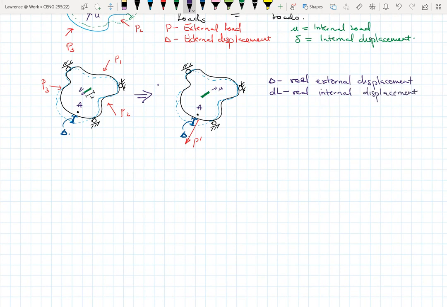Then P prime is a virtual or imaginary external force or external load. Then U is also a virtual internal force or load, depending on how you want to look at it.